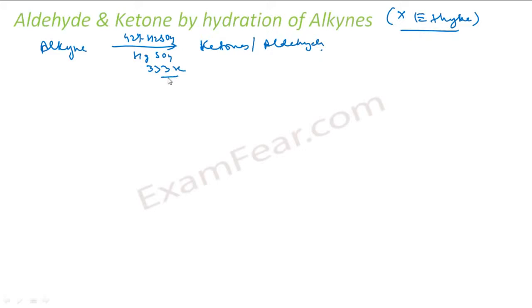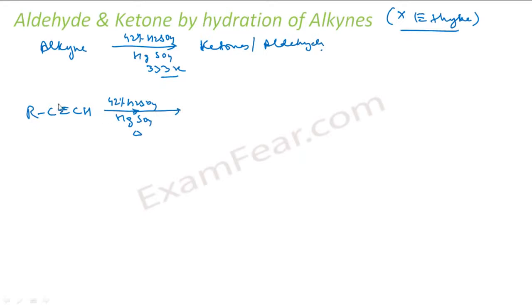So let's see the reaction mechanism. For example, I have my RC triple bond CH. This is my alkyne. I have this 42% H2SO4 and HgSO4, and I heat it. So this H plus will try to attack this to form a carbocation.